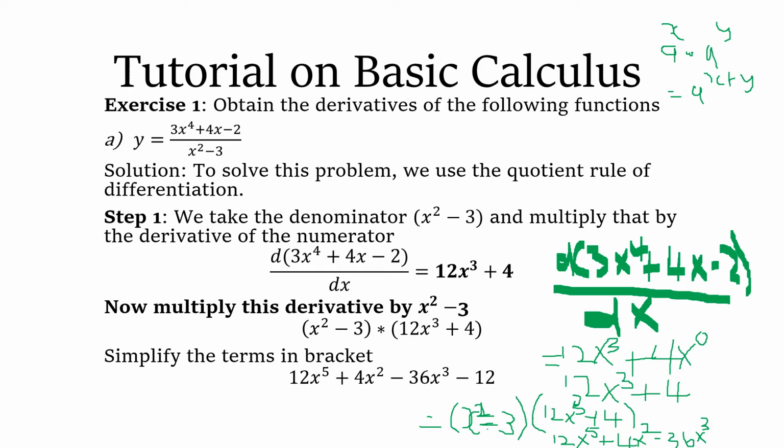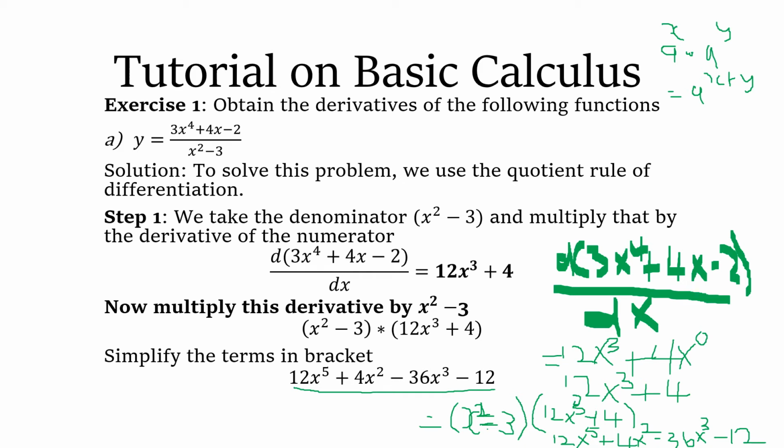Minus times plus, I told you, is negative, right? And then 3 times 4 is just 12. So that's how we got these results. It is so straightforward. It's simple. That is your first step.